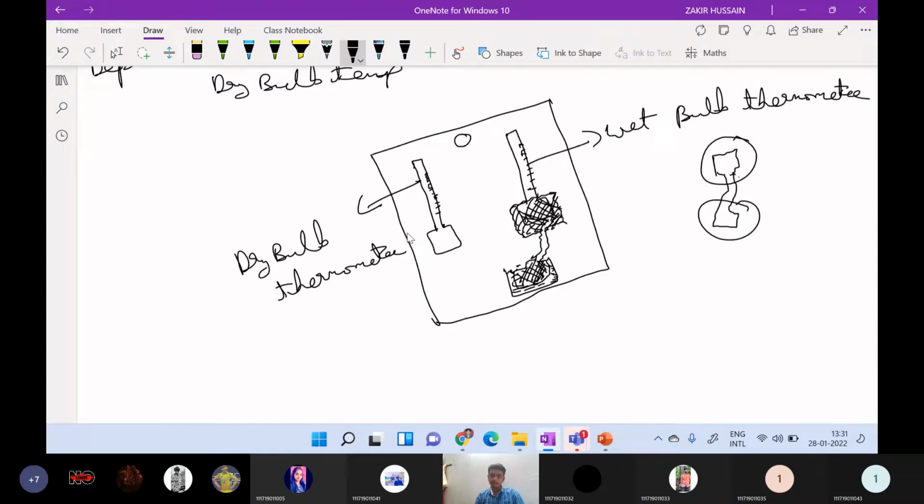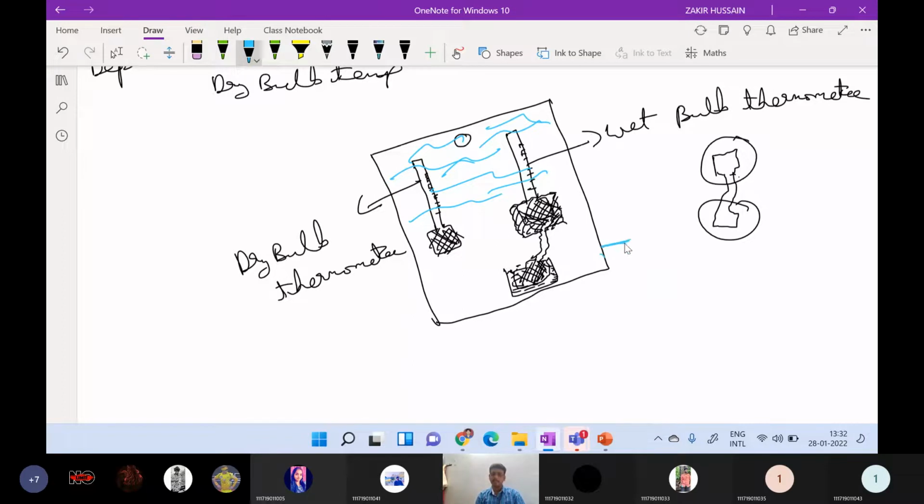This is a bare thermometer without any covering, and it will measure the thermodynamic temperature of the gas. Whenever you allow air to flow like this, the entire thermometer will be rotated.